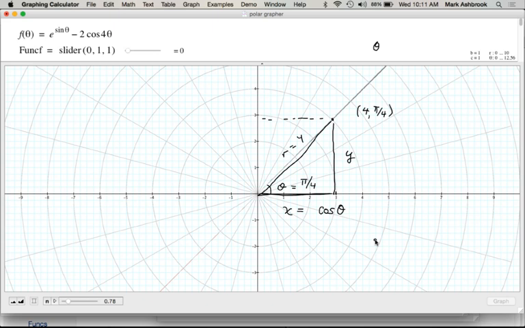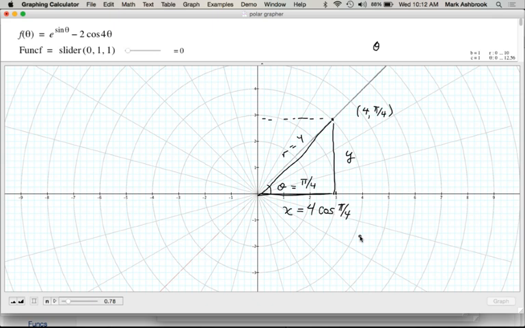Cosine theta would be if we considered the circle of radius 4 as just a circle of radius 1. That would be how many radius lengths over we are, what fraction of a radius length. So if we want to get it in our units on the scale, what else do we need? Times 4. So actually 4 cosine, and we know what theta is: pi over 4.